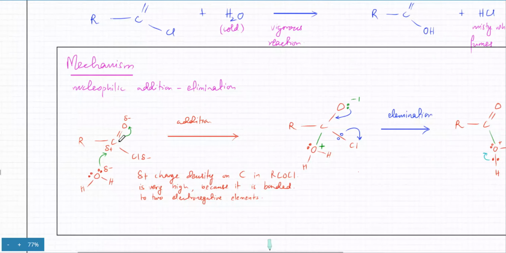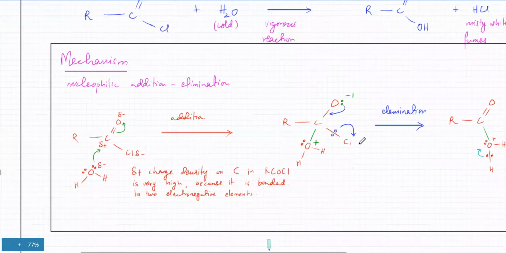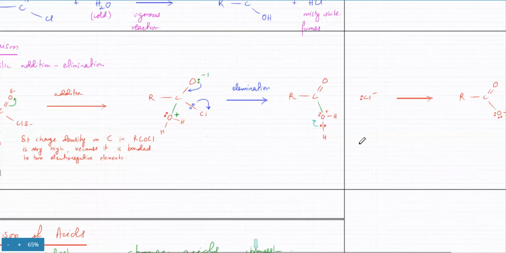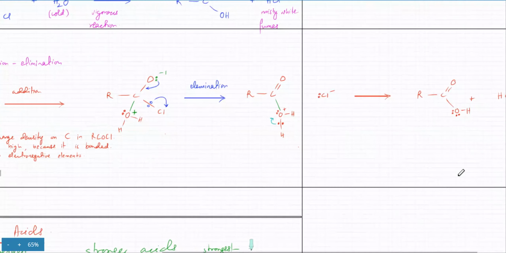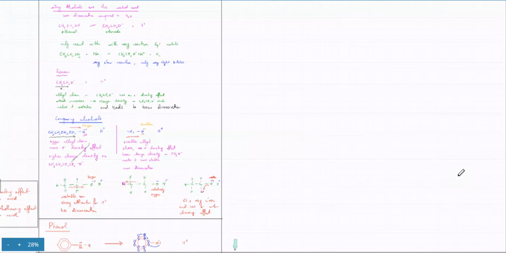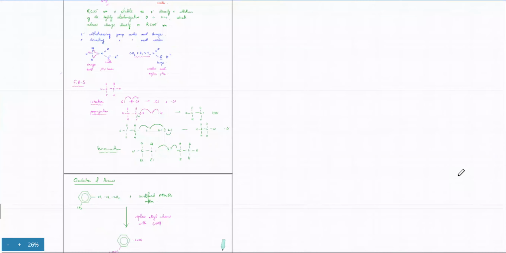We did the mechanism of hydrolysis of acyl chlorides and discussed that because the carbon in acyl chloride has a very strong positive charge, it's going to attract the water molecule even in the cold, and even in the cold, the reaction would be very vigorous. The water is going to come in, and the Cl atoms are going to get knocked out. Eventually, you're going to get a carboxylic acid molecule. So we have discussed this about acyl chlorides earlier as well.